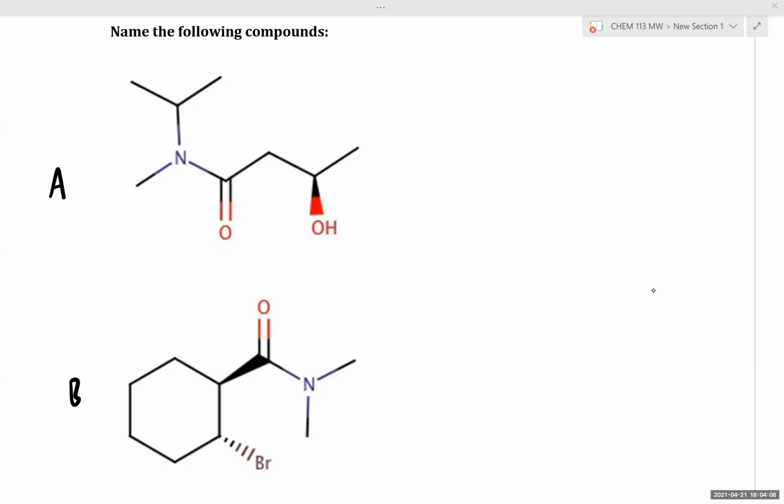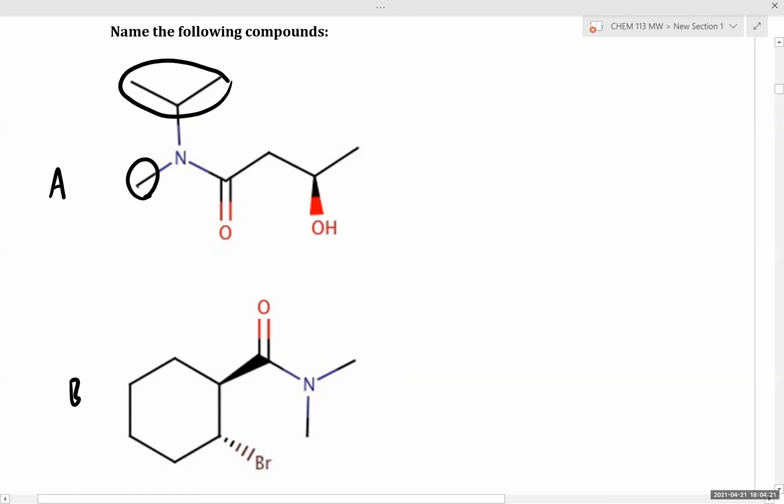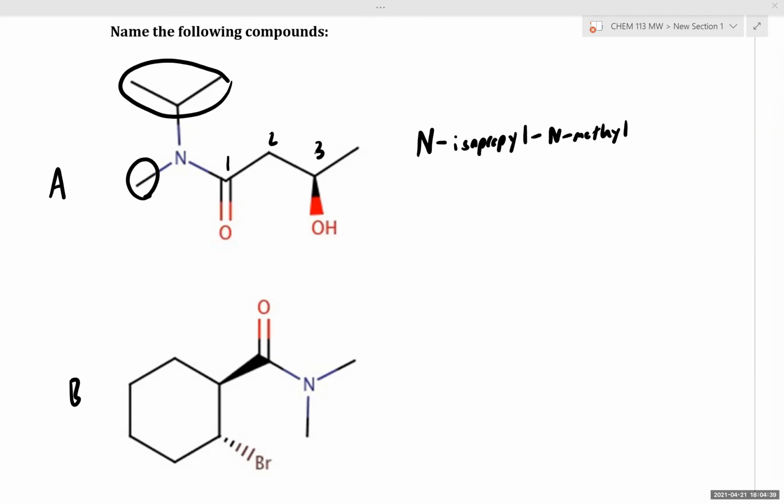So we have a few proposed names in the chat. Looking at this, we have an isopropyl and a methyl group. So we'd name this as N-isopropyl, N-methyl, 1, 2, 3. I'm still transcribing the names.